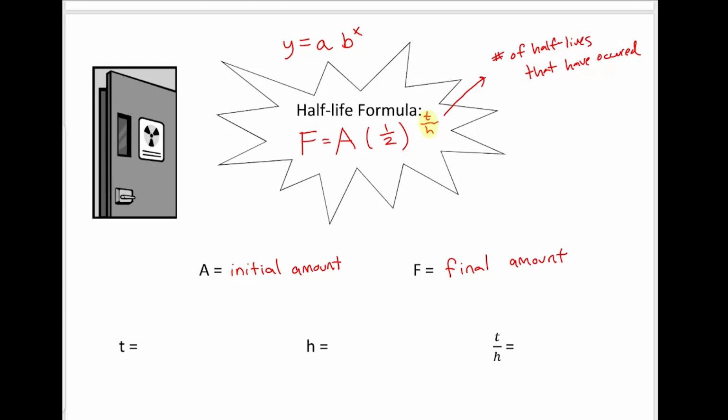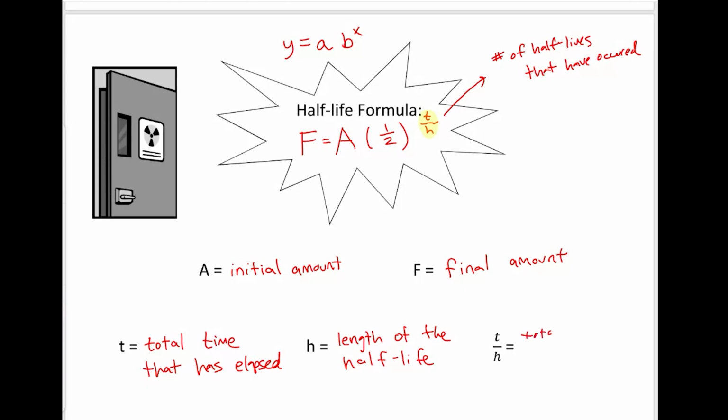The T represents the total time that has elapsed, or gone by. The H is the length of the half-life. And this T over H is computing, like what I wrote up there, the total number of half-lives.